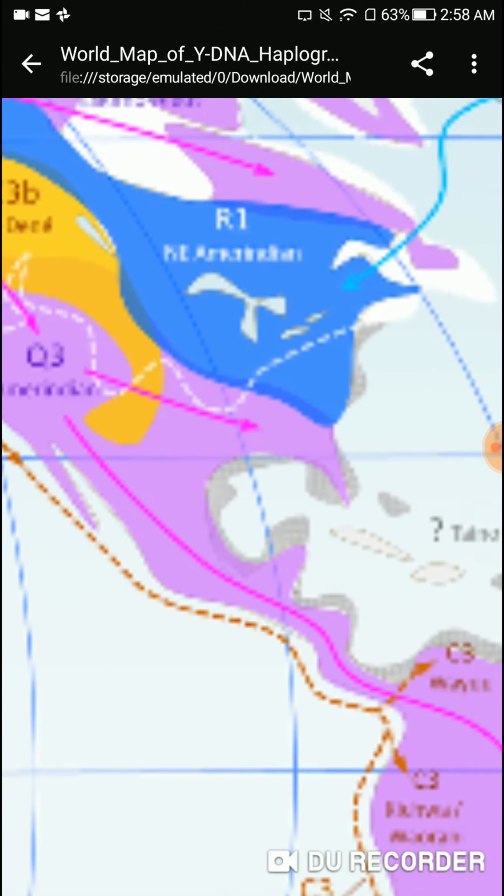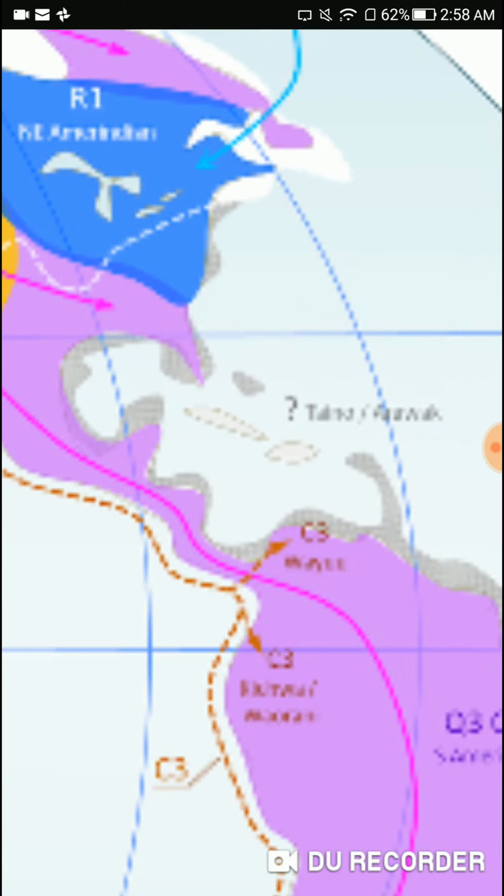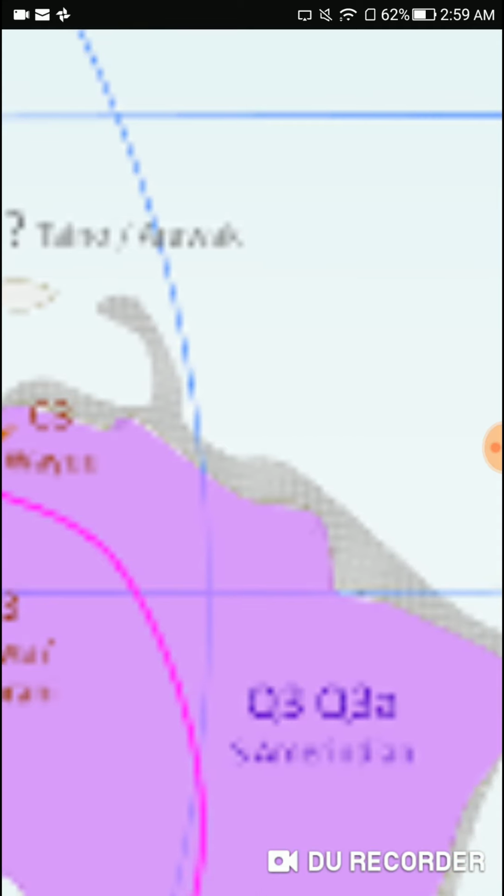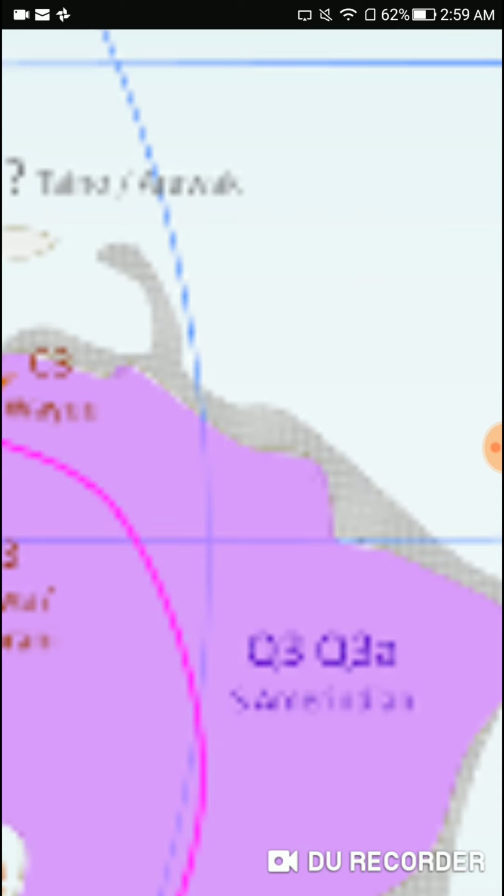Also, on a previous video, I always thought they was doubling down on this map with O3A. This is actually a Q3A. So you have Q3 and then Q3A, not Q3 and O3A.